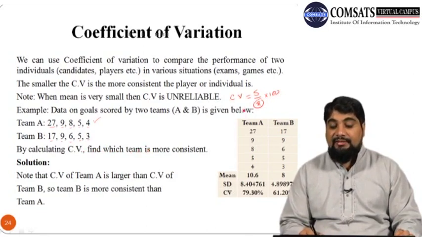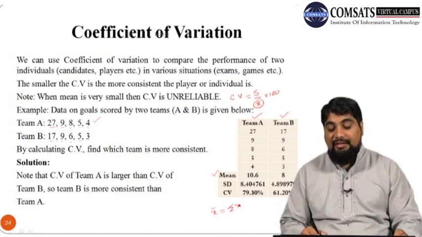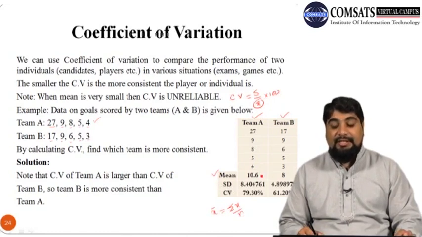Here is the data. We have team A and team B. First calculate their arithmetic mean, which is summation x over n. For team A, the arithmetic mean is 10.6, and for team B it is calculated to be 8.